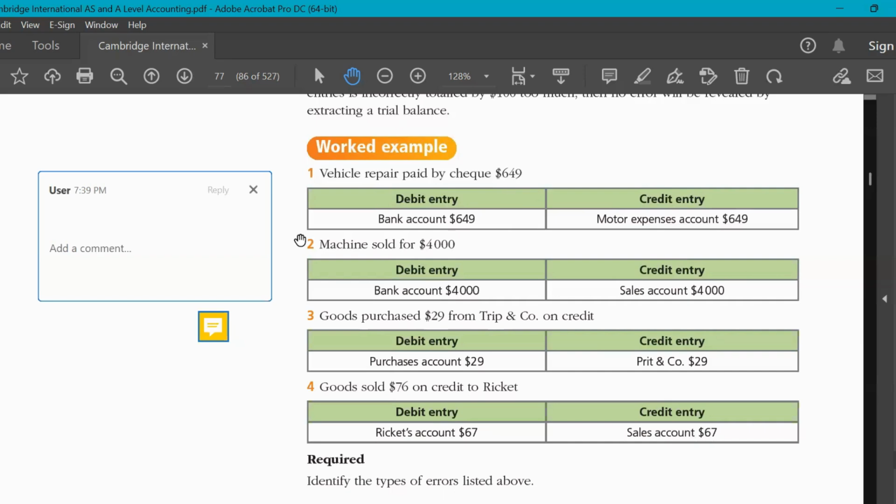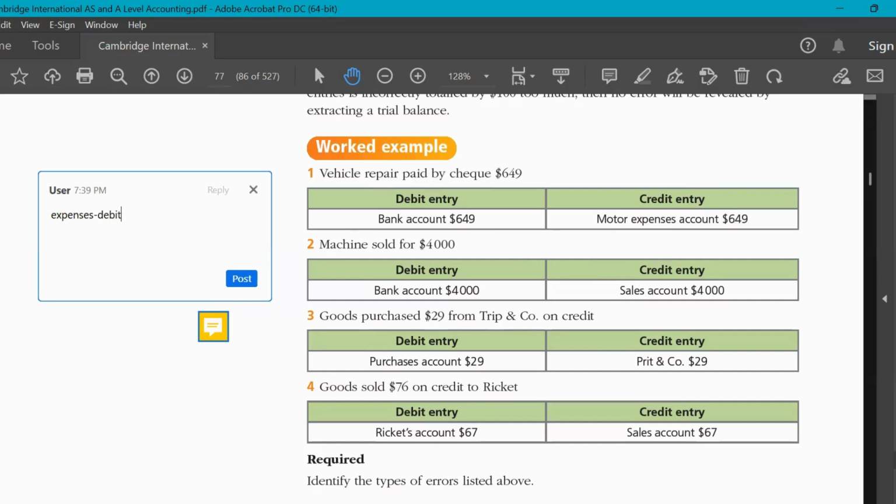Okay, as you can see, number one, this is the transaction. You repaired your vehicle and you paid it by check 649. So again, what will be the correct entry for number one? The correct entry should be, again, expenses, right? Expenses will be the debit side.